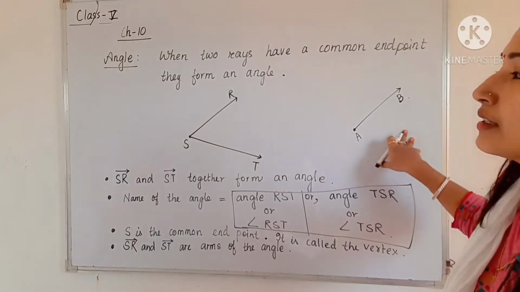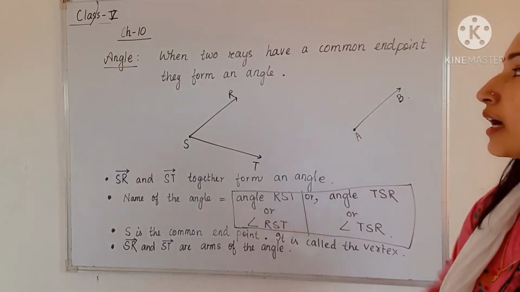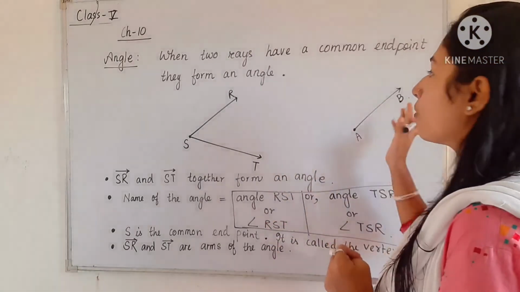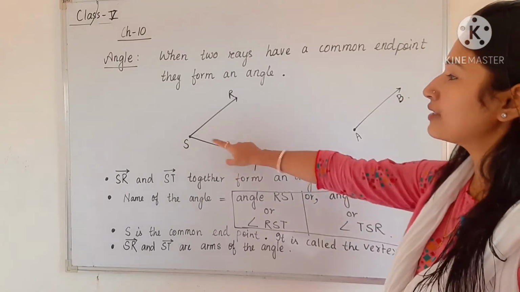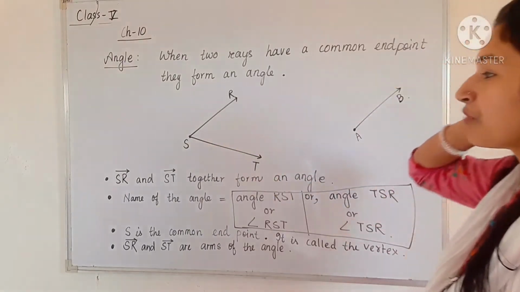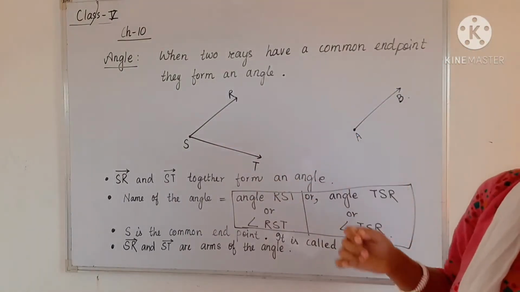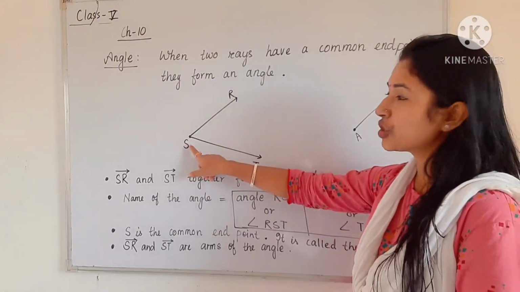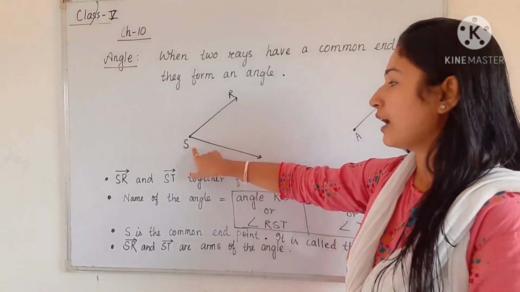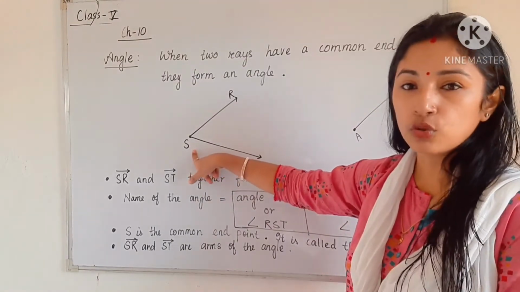So here is the definition of angle. What is an angle? When 2 rays have a common end point, then they form an angle. Here you can see that SR and ST are rays. Those rays are sharing a common point, and that is the end point of the 2 rays.